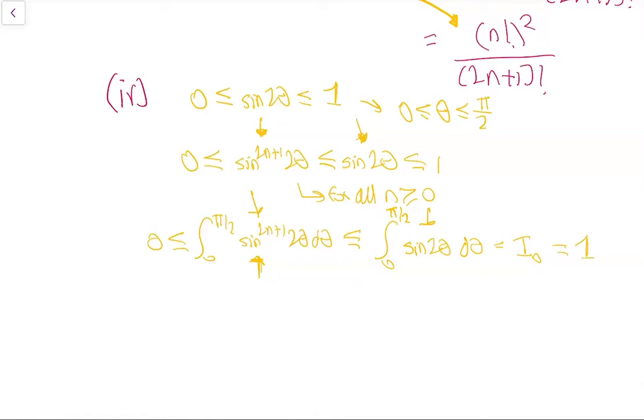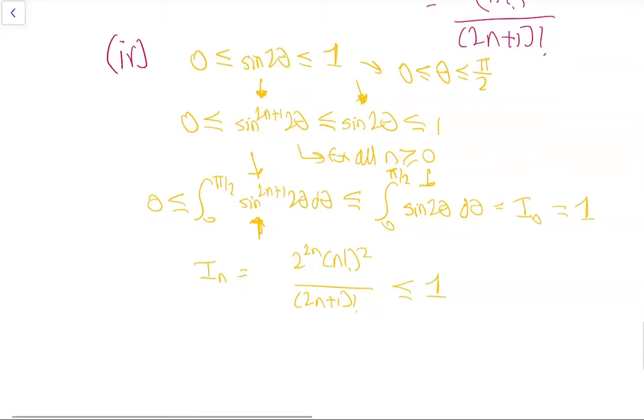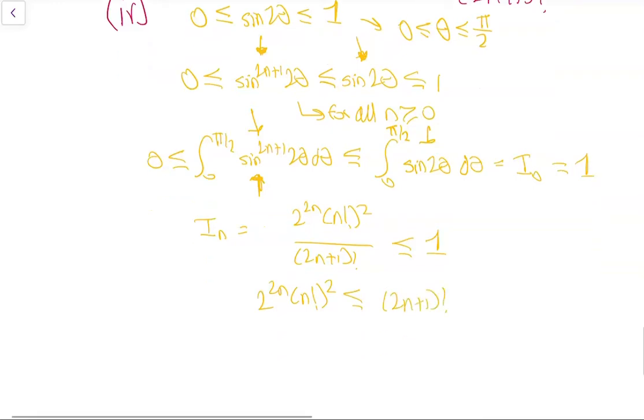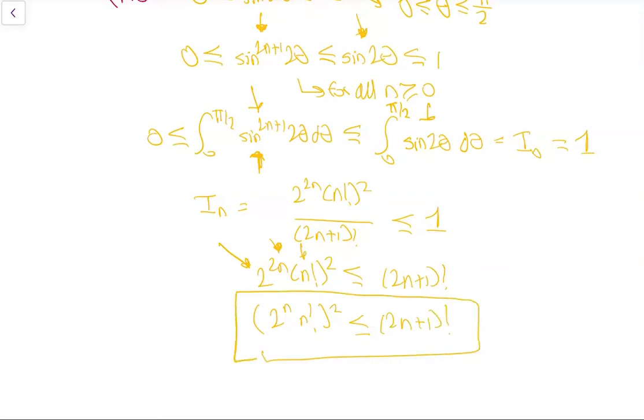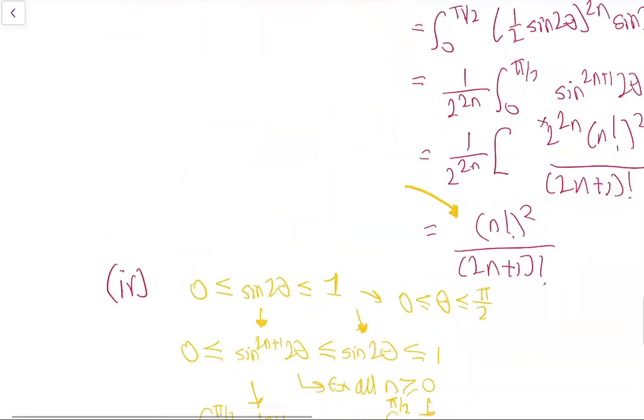Okay, and remember the value of In was 2 to the 2n n factorial squared over 2n plus 1 factorial. And In is always at most 1, which means 2 to the 2n n factorial squared is always at most 2n plus 1 factorial. Now we have two numbers that are squared, so we can put it all into 1 and square it. And in fact, this completes the proof of the final part. So 2 to the n times n factorial, all squared, is at most 2n plus 1 factorial.